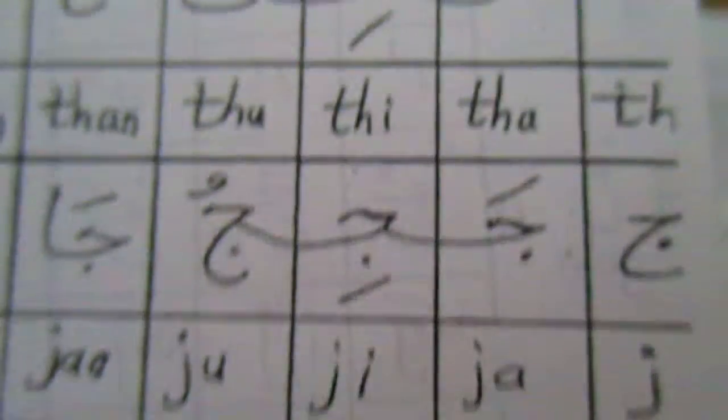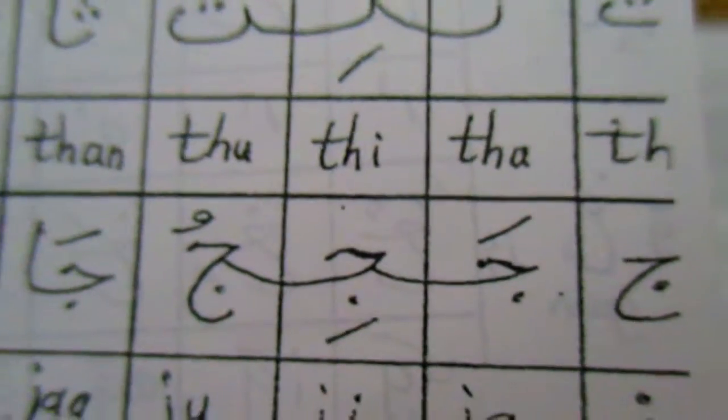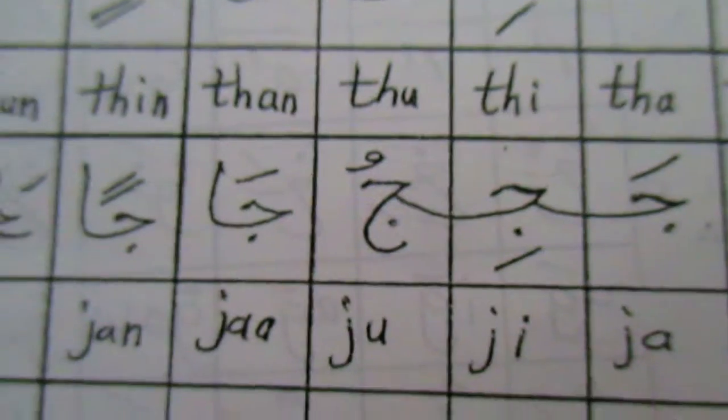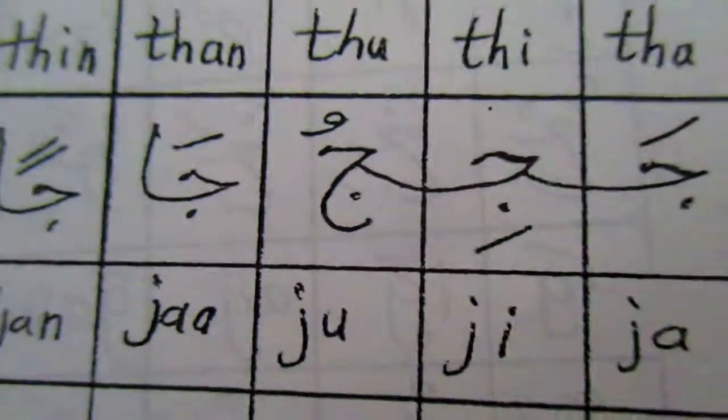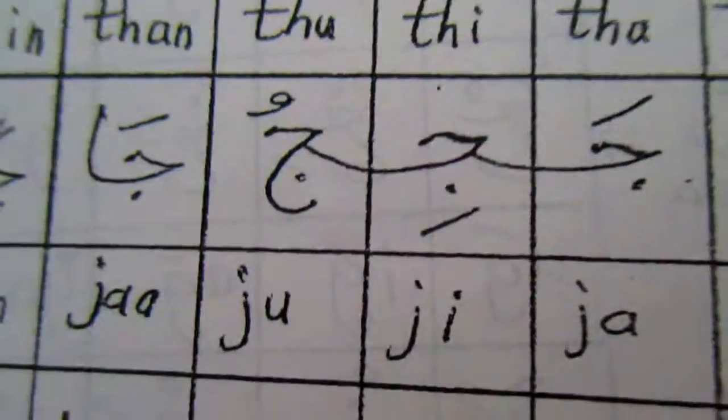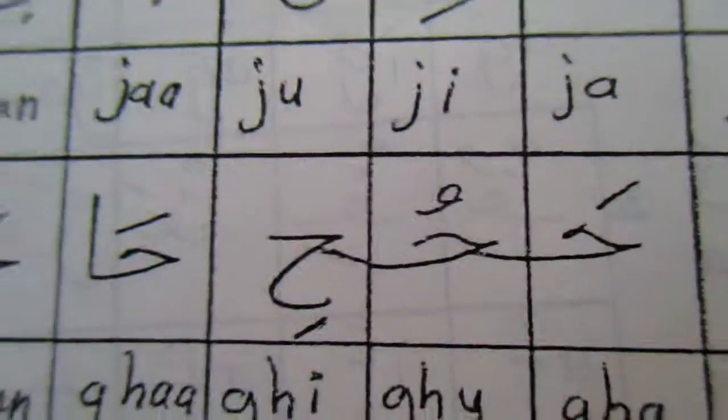So I'm just going to show it so that you can see how it changes sounds. And here and there I'll read it for you. So with jim, it'll be ja, ji, ju. And ha, hu, hi.